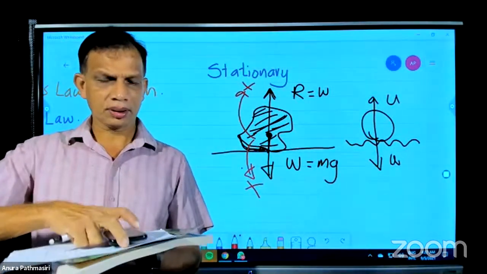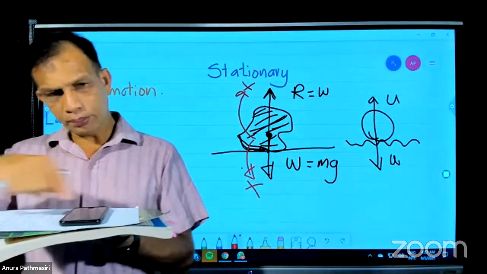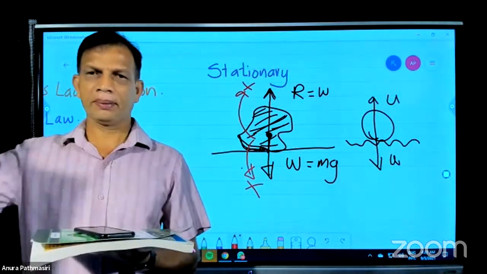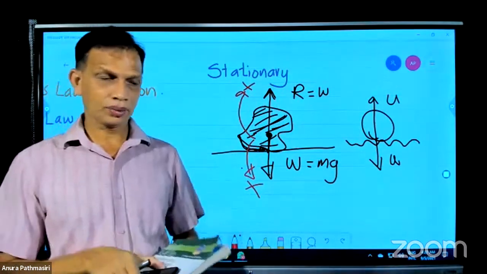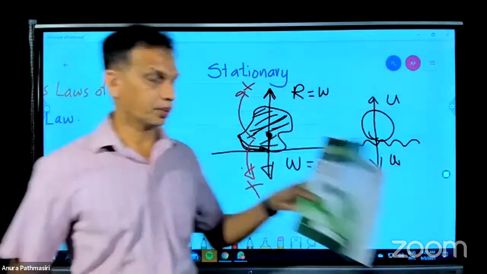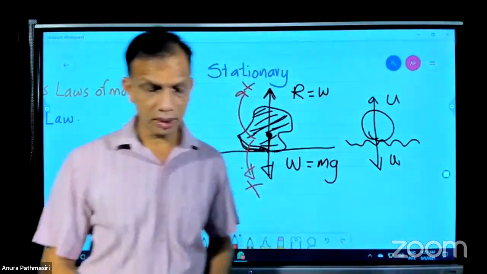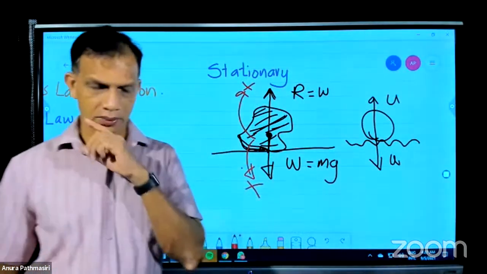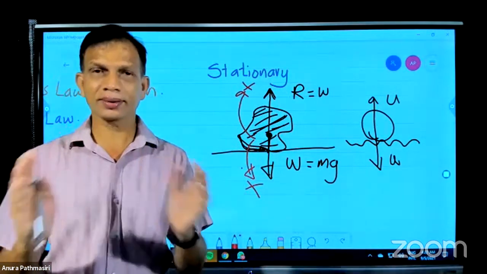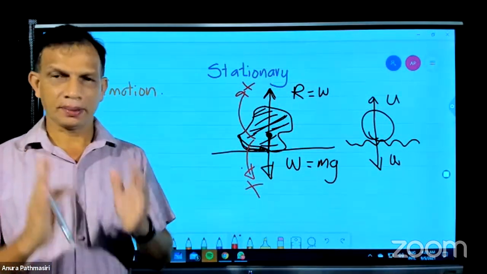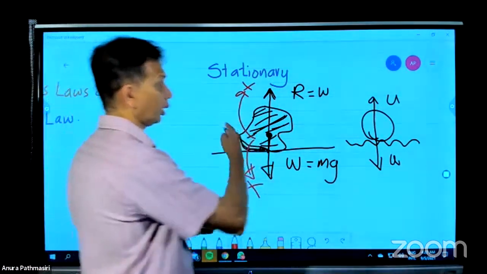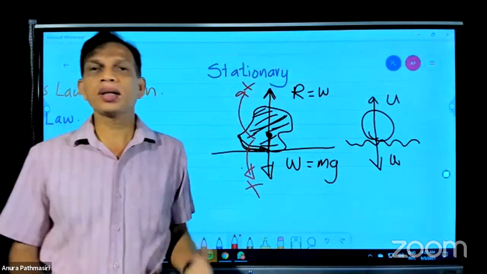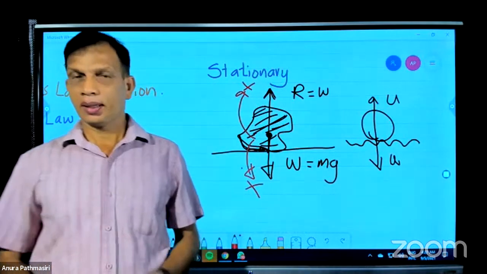I try to exert the force and pull it off, but it does not come. Only the paper comes out. So Newton says that a stationary object has a tendency to remain stationary. It does not like to move. It wishes to stay in the same way that it was there.